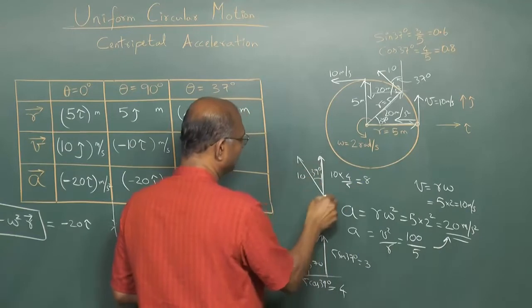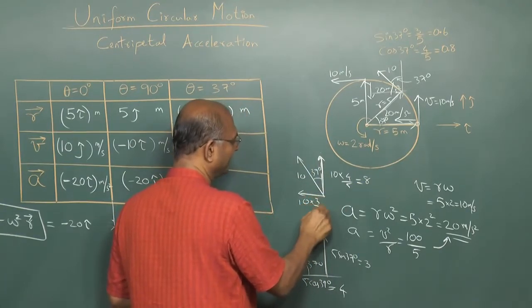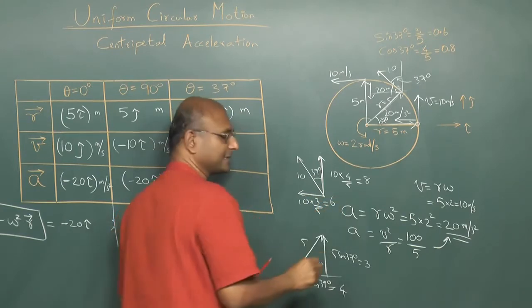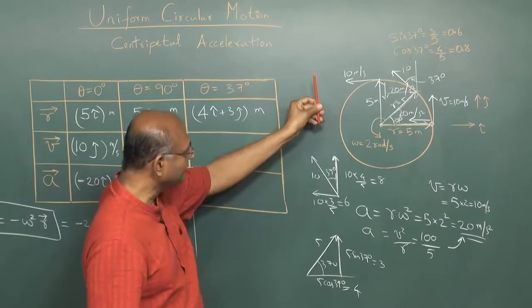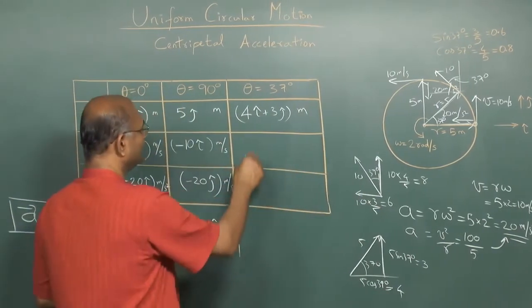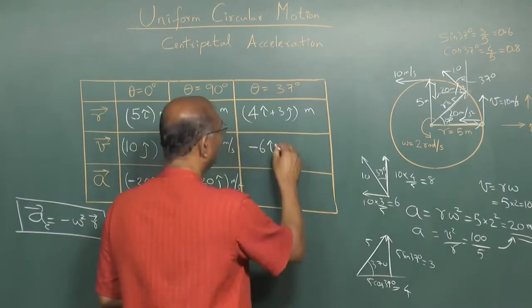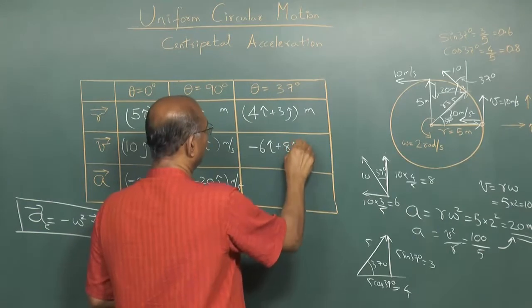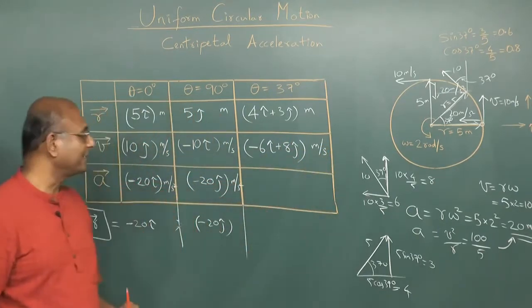And this direction should be 10 sin 37, which is 6. So the components of the velocity vector are 8 upwards and 6 to the left. So I should write minus 6i cap because it's to the left, plus 8j cap meters per second. So this is how you will write the velocity vector.